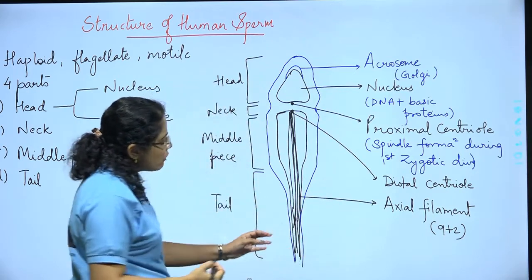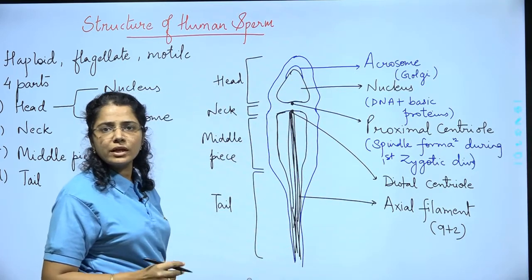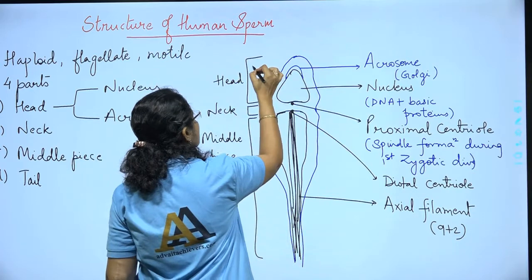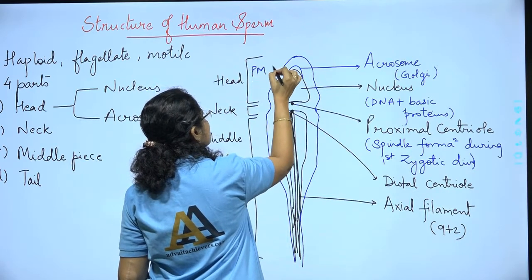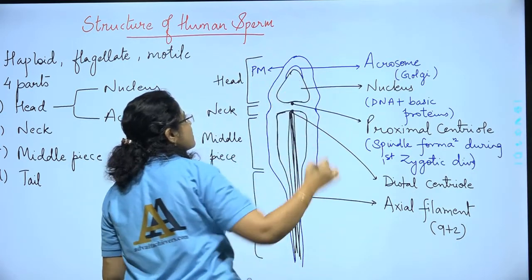Right. So this outermost blue membrane which I have made is the plasma membrane. I am just labeling it here. This is the plasma membrane.